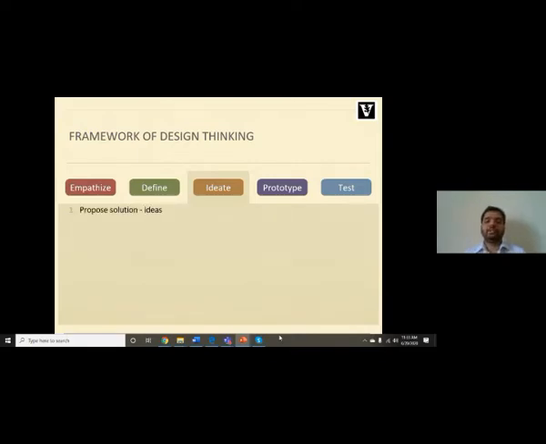Given a problem definition, if I ask you to come up with ideas, you can start thinking about ideas and posting them online, wherever I ask you to. But that's the straightforward technique: proposing solution ideas without any other constraint. That's a normal thing.